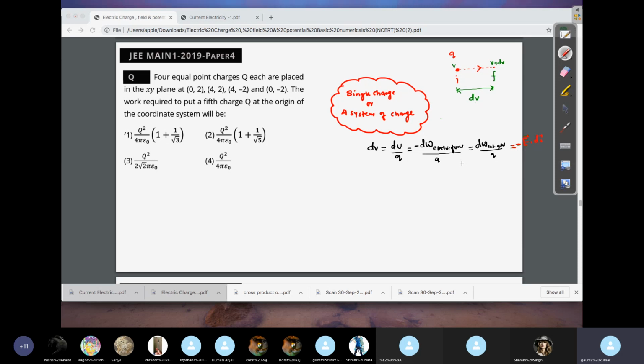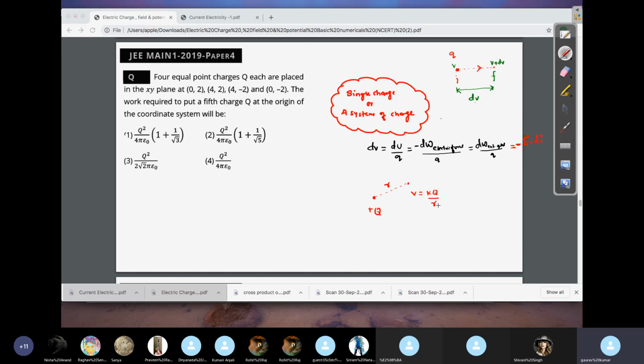So all the questions which we are going to discuss will be based on this. We have done a small derivation also. If they give you a small charge, let's say plus Q, and they ask you what is the potential here at a distance of r from it, the value of V you write is kQ by r.